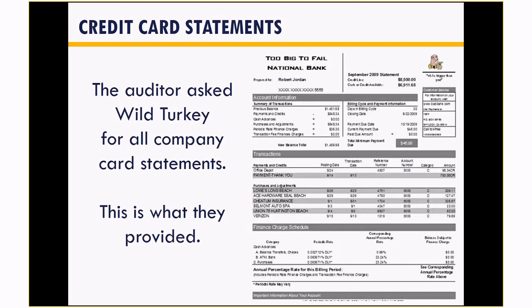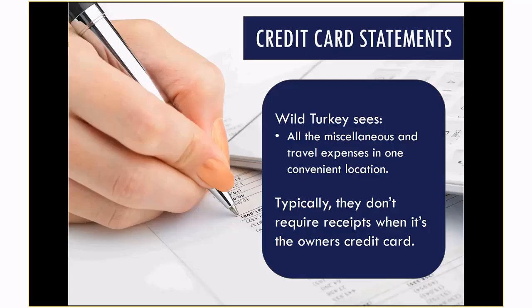So here's what happens. Our auditors showed up at Wild Turkey, and they asked for all the company card statements. And this is what they provided. The statement. Wild Turkey looks at these statements and sees all the miscellaneous travel expenses in one convenient location. And typically they don't require receipts, especially when it's the boss's credit card.